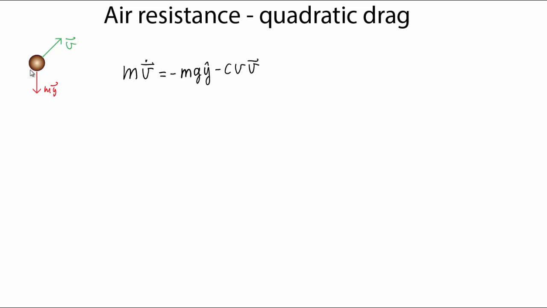So the time has now come to tackle the case of quadratic drag when a projectile is encountering air resistance. We showed earlier that in this case, if quadratic drag is dominating, then this is the differential equation. This is the equation of motion that we need to solve. And we can write that in component form for both x and y, as you already showed.